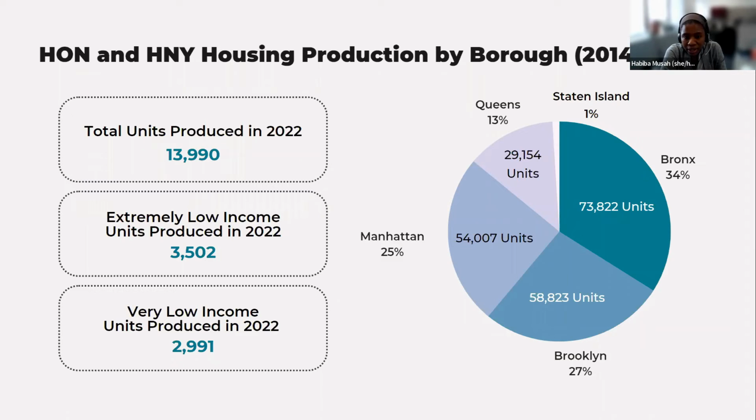In Brooklyn, the biggest project is Starrett City, which has about 6,000 affordable units. In Manhattan, the biggest project is Stuytown, which has about 5,000 affordable units. In other boroughs like Staten Island and some parts of Queens, our projects may not be as large because of the type of housing that is characteristic of some of the neighborhoods.